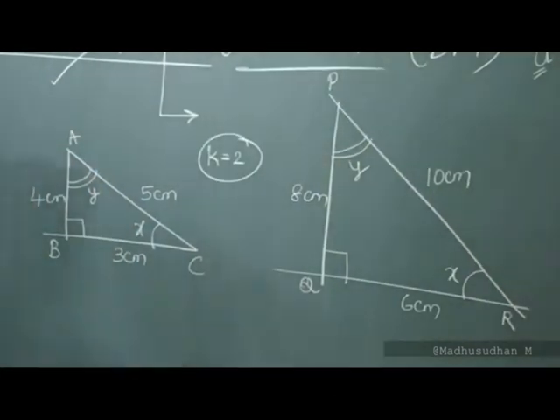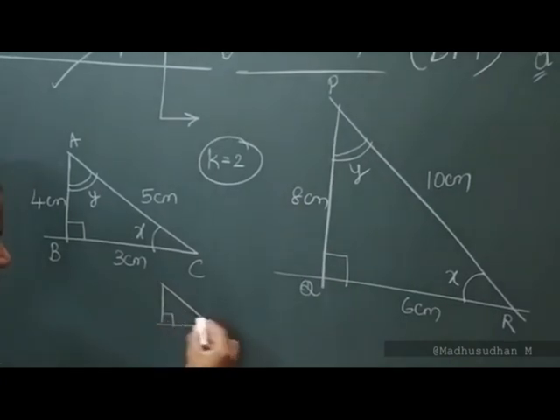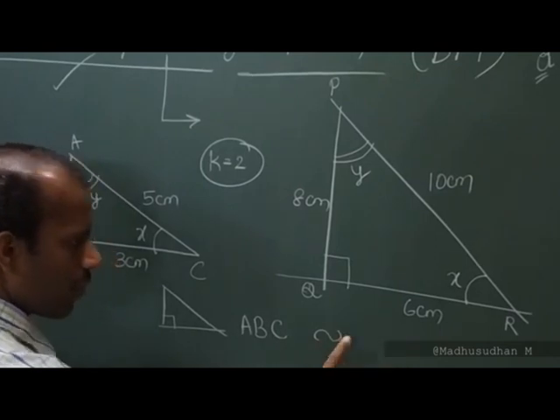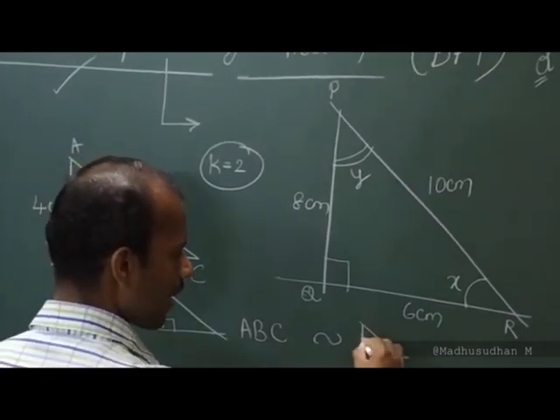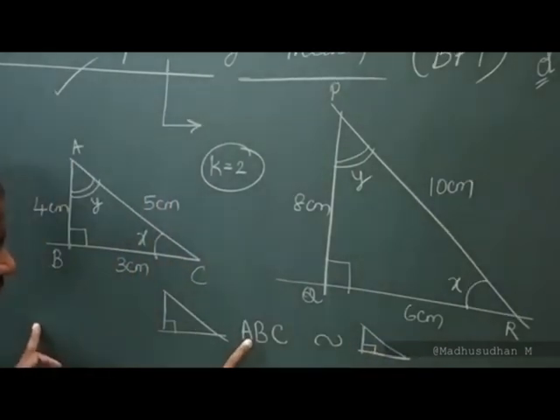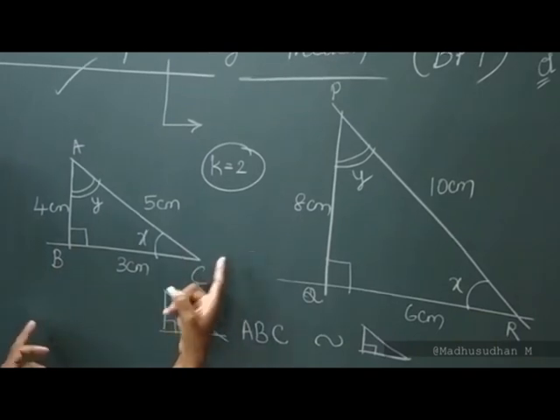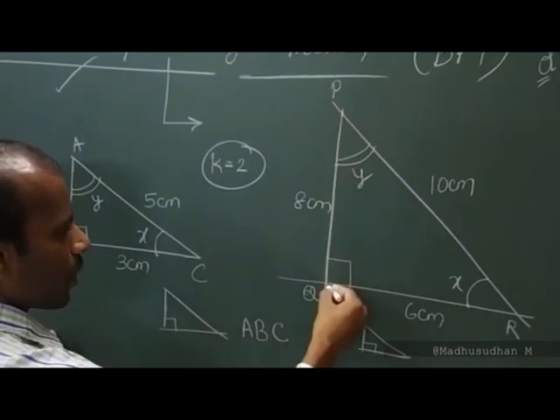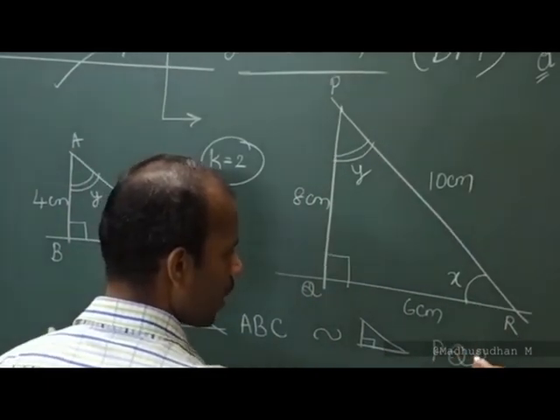So please understand here, right angle triangle ABC is similar to, very important condition, similar to right angle triangle. From which vertex have I started? From A to B, then B to C. Then correspondingly, respectively, from P vertex to Q, and then from Q to R.